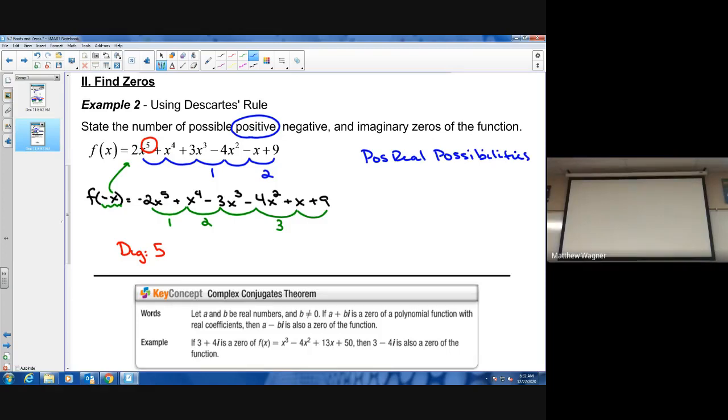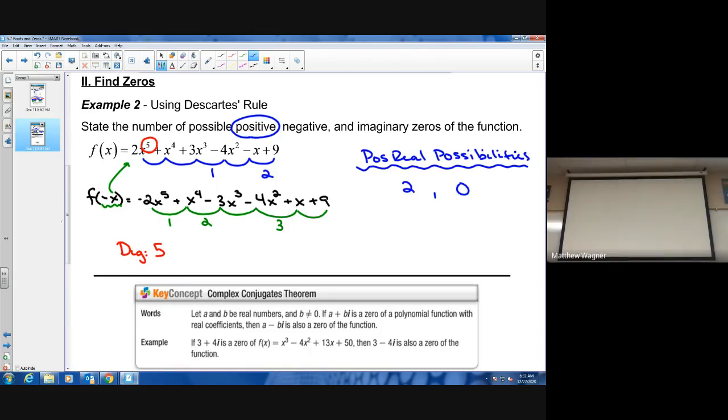All right. So we count the number of sign changes, and it's always going to be that or less than it by an even number. So it's always going to be 2 or 0. We had 2 sign changes, so it's 2 or 0.